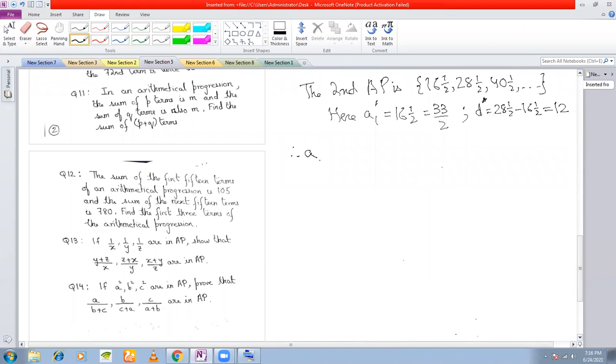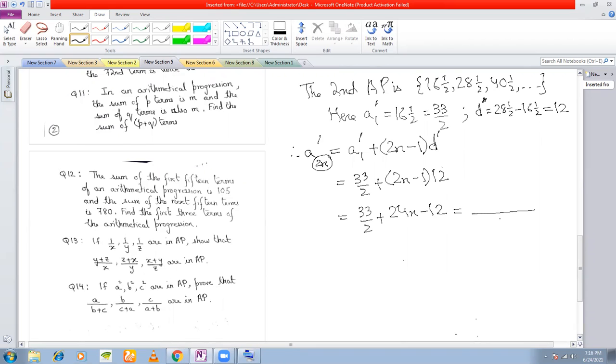Therefore, A2n dashed is the 2nth term, because I'm using dashed here. A2n dashed is equal to A1 dashed plus 2n minus 1, because here n is 2n, 2n minus 1 into D dashed, right? Now put the values, 33 by 2 plus 2n minus 1, D dashed is 12, right? Simplify this, 33 by 2 plus 24n minus 12, right?